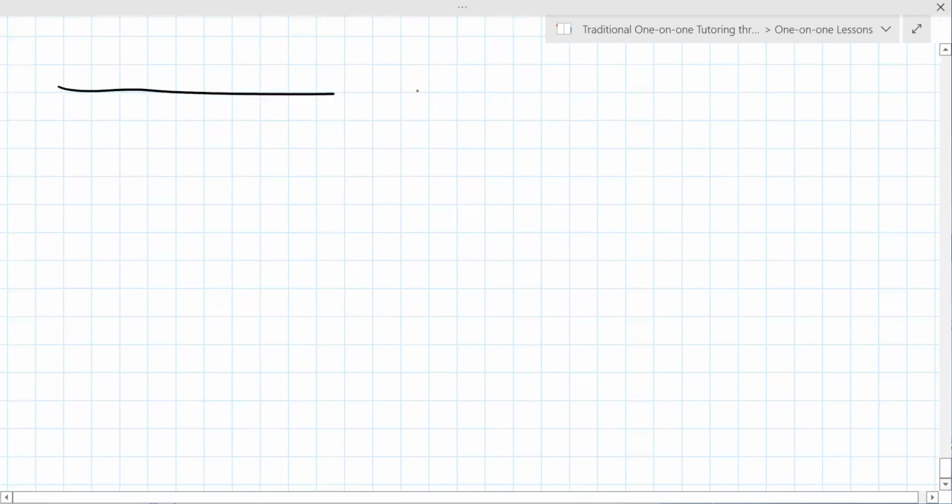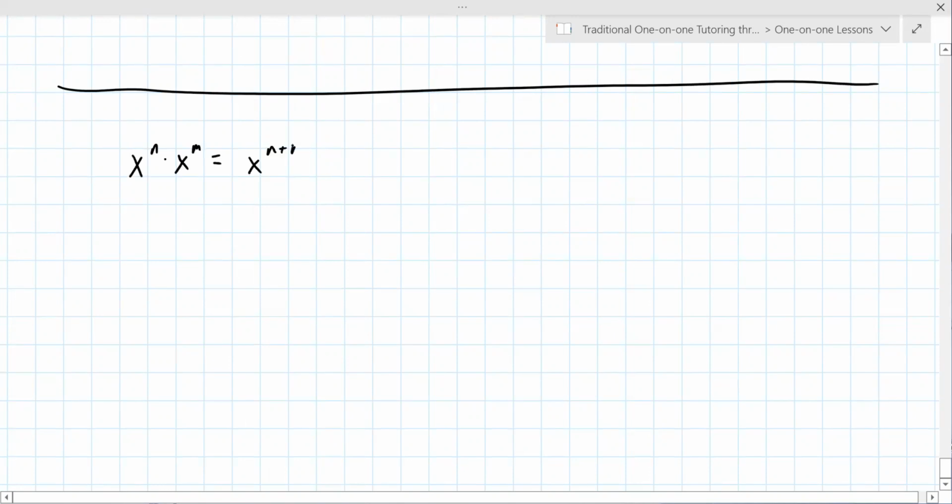Okay, so there's a couple of exponent properties here that you really got to know. X to the n times x to the m, you add the exponents. The other one that's really related is when you're dividing, you subtract the exponents. Only if there's the same base. If it's an exponent to an exponent, you multiply.